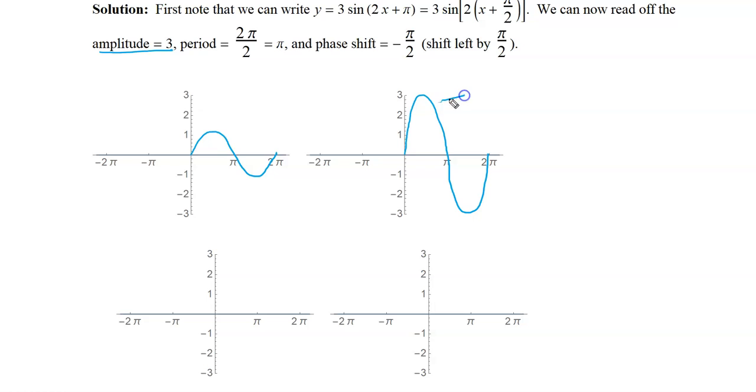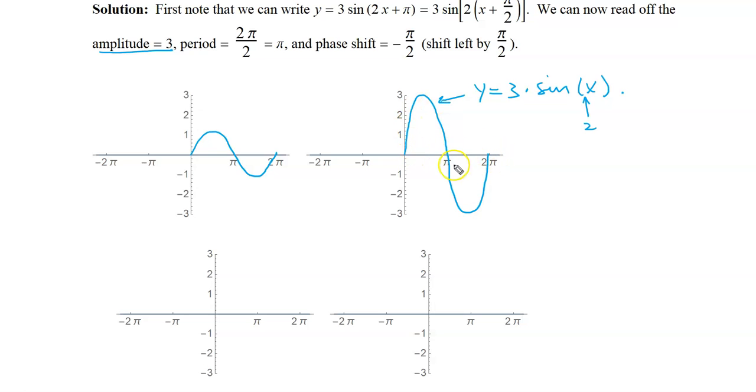Okay, so right here we have the graph of 3 sine x. Now let's introduce a period change. So we're going to put a 2 right here in front of that x. And that's going to change the period to pi. So what we have to do is basically compress this graph.